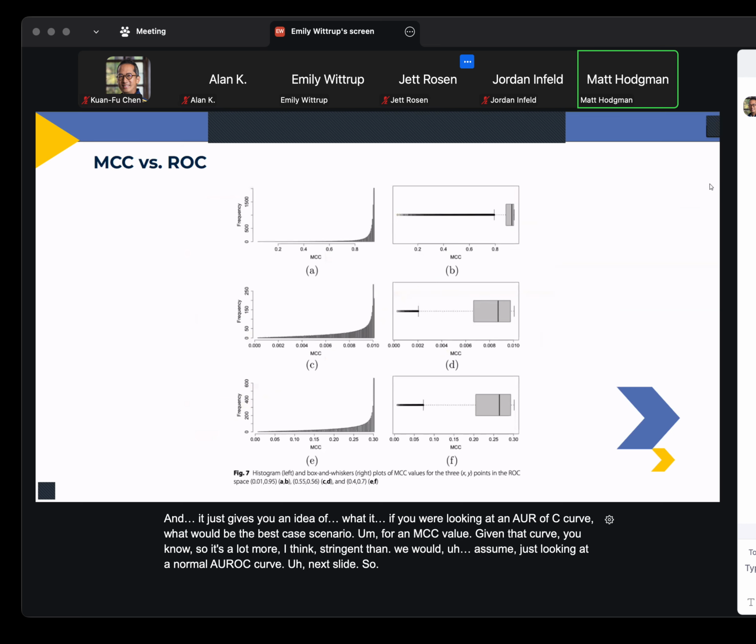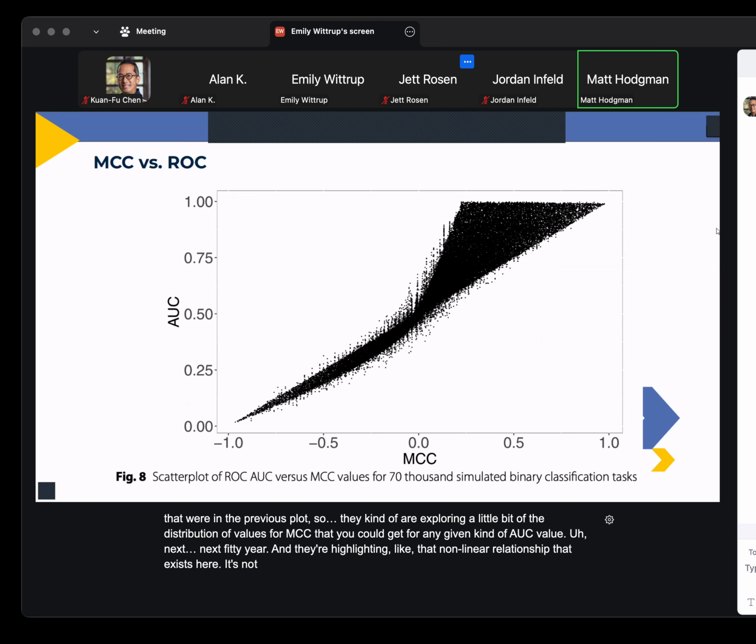Next figure. And they're highlighting that non-linear relationship that exists here. It's not a clear relationship, not very easy to define. So this figure is showing very similar information, where we have MCC values on the x-axis and AUC values on the y-axis. They did 70,000 simulations of different possible binary classification tasks.